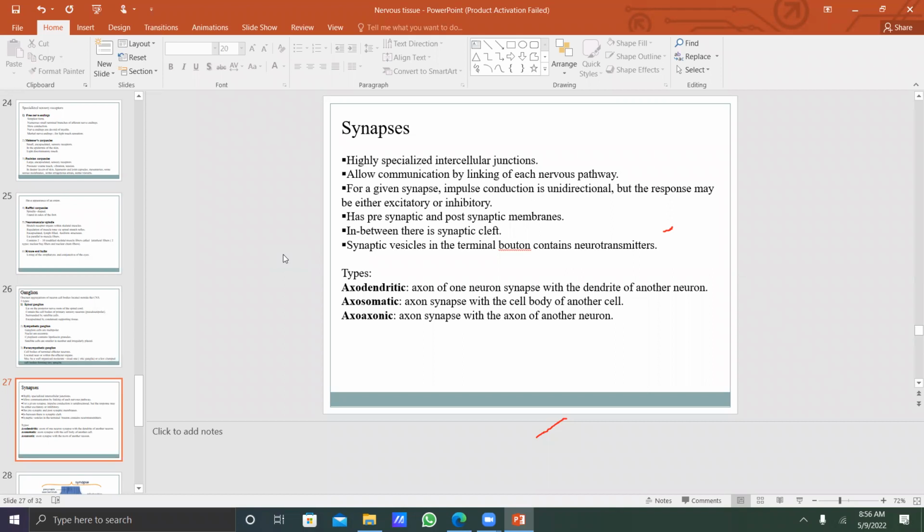They allow communication by linking each nerve's pathway. When we talk about a given synapse, the impulse conduction within the synapse is always unidirectional, but the response which occurs for that impulse may be either excitatory or inhibitory.